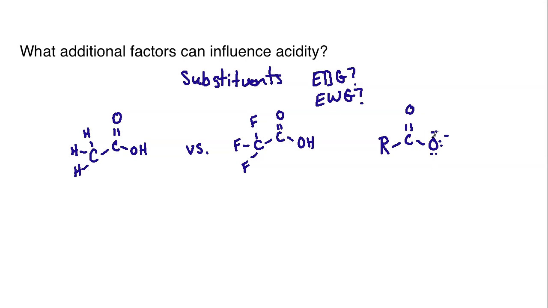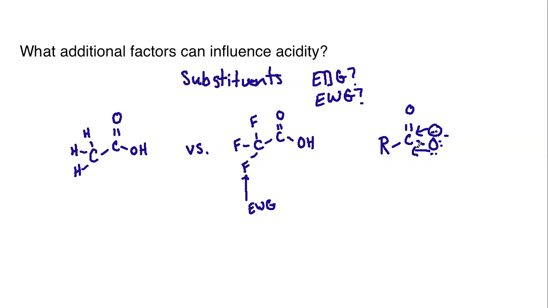So what that means is that if I have something like the fluorine that is an electron withdrawing group, it's going to have the power to take some of this electron density and pull it towards itself. And that's a good thing as far as stability is concerned.